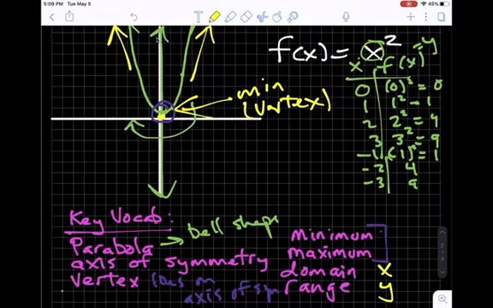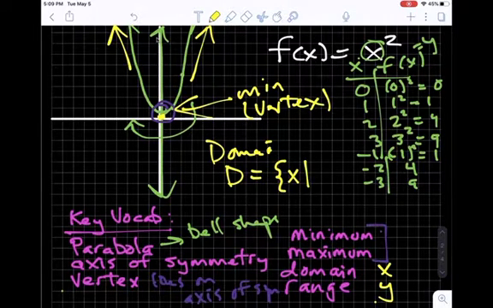And when you look at the domain of most of these, they would write it as D, and they'd usually say x, and then it's all real numbers.